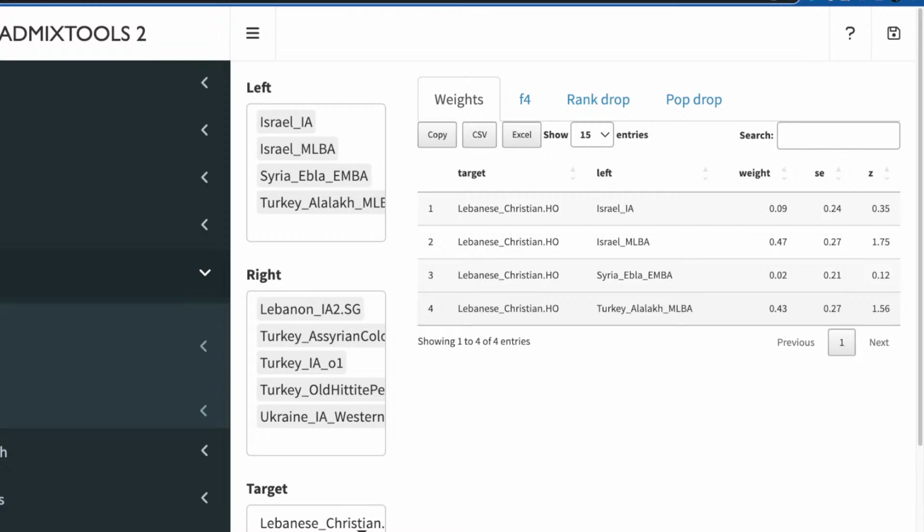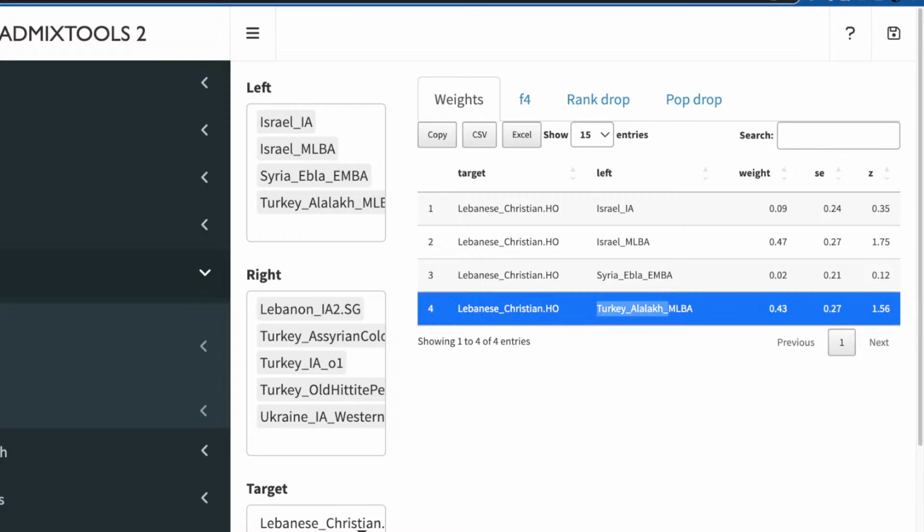So that total is going to give us 101. Once again, I basically went based off of the lowest standard error. The important thing to know is that this source is basically a mixture of Levantine, from Lebanon to Syria to Turkey.